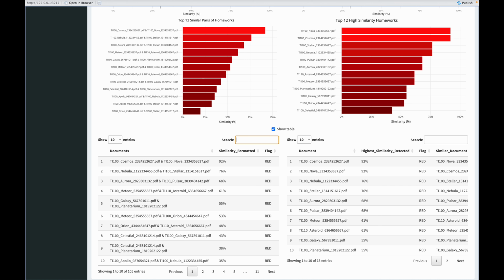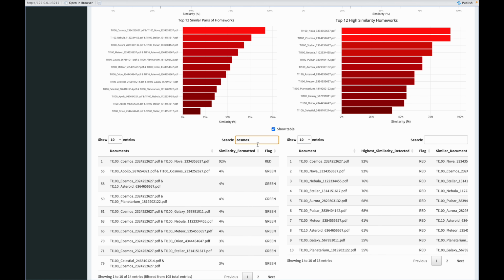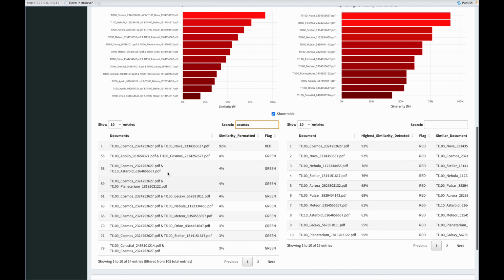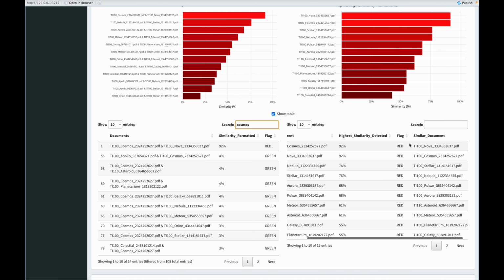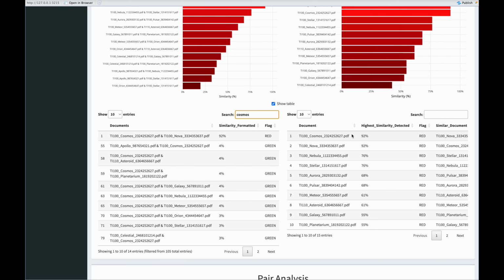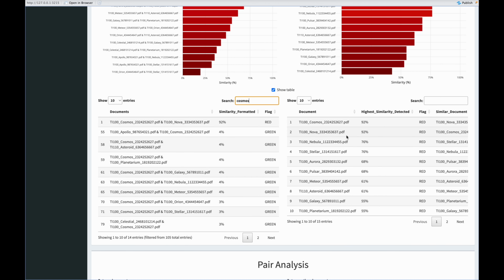You can see when I type Cosmos, the highest similarity that Cosmos has is 92%. So here it's 92, and you can see what the similar document is right here. The same goes for the rest of them. It's their highest similarity. That's why it says here highest similarity detected.